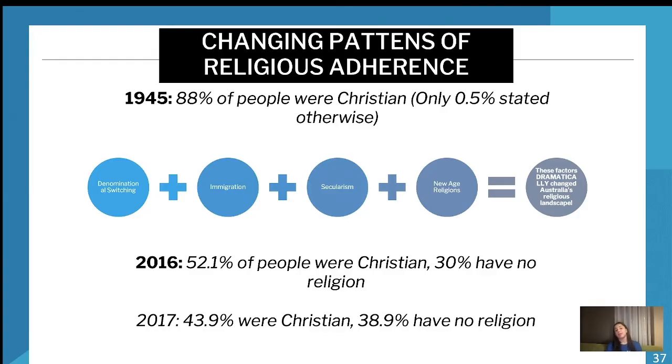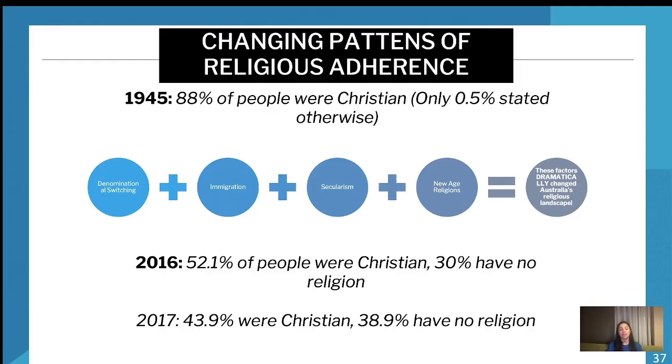In 1945, 88% of people were Christian, and only 0.5% of people stated otherwise. But by 2016, it had already dropped to 52.1. That shouldn't say 2017. That's an error. I'm so sorry for that. That should say 2021, because that is the recent census data.